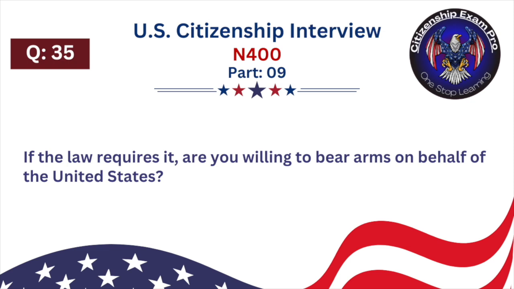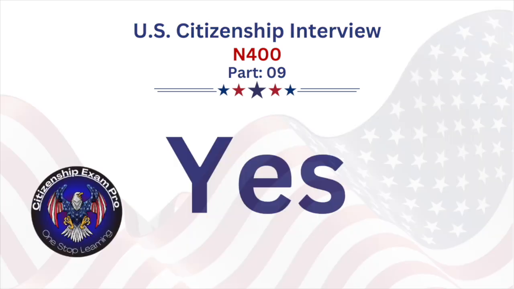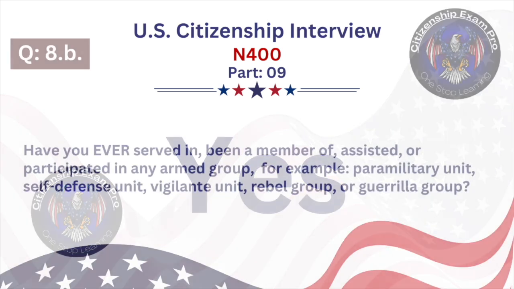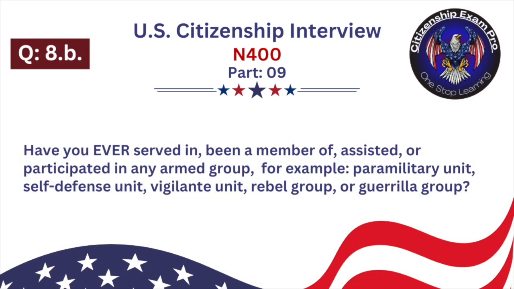If the law requires it, are you willing to bear arms on behalf of the United States? Yes. Have you ever served in, been a member of, assisted, or participated in any armed group, for example, paramilitary unit, self-defense unit, vigilante unit, rebel group, or guerrilla group?